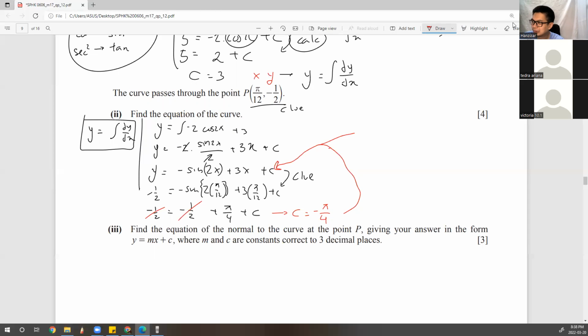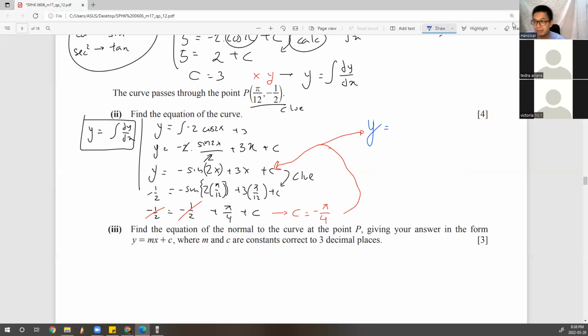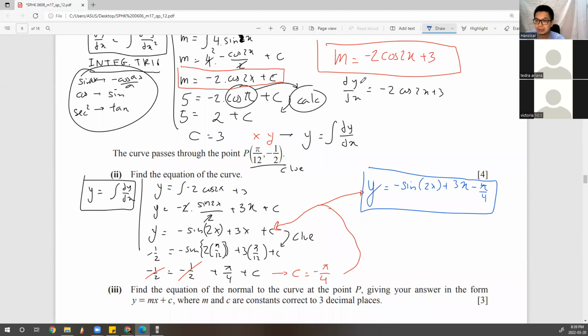So go to the right side. So the y equals, or fx, up to you, but this is y, of course. Negative sine 2x plus 3x minus pi over 4. I am inputting the c. Okay, this also the answer.